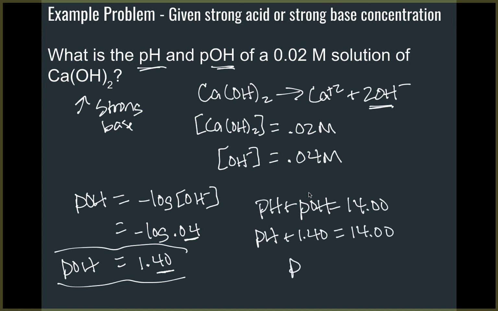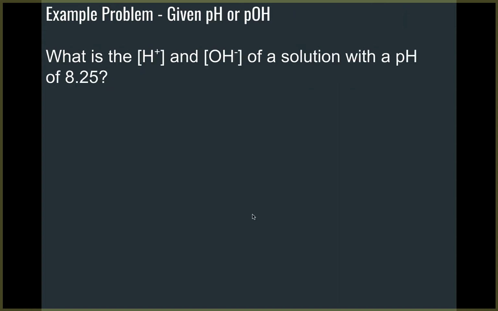So when I solve for the pH, it is 12.60. Okay, again, 2 sig figs after the decimal. That does make sense. I know calcium hydroxide is a strong base, so it should have a high pH. 12.6 fits that description.